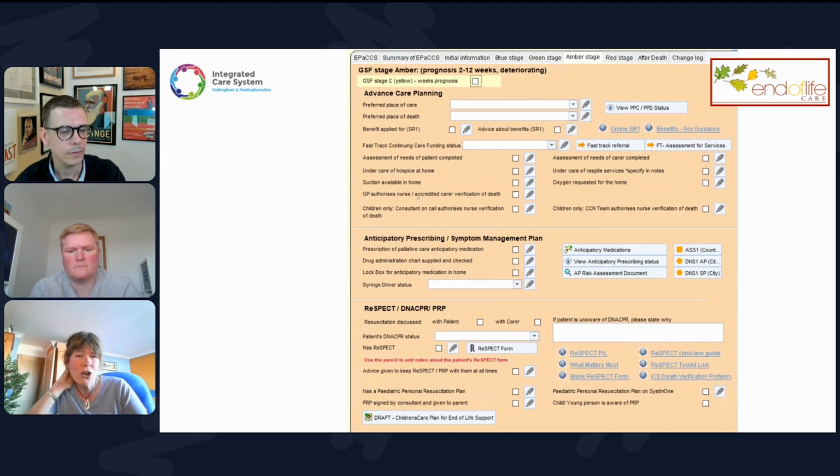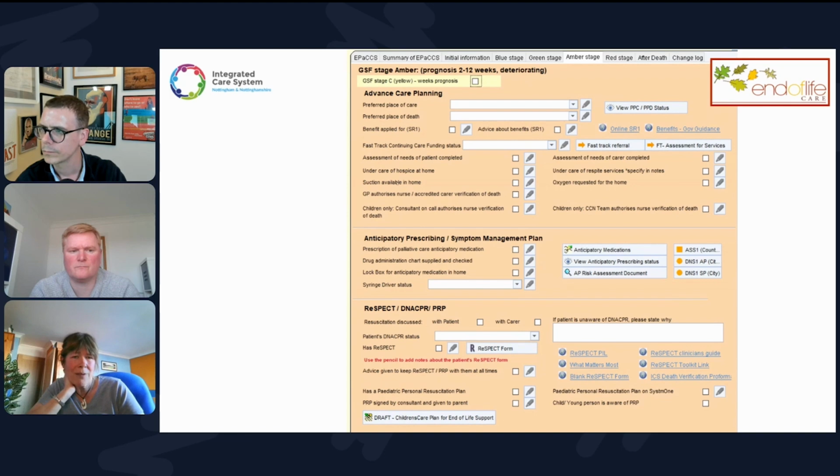So the information on here is very much relevant to someone who is actively deteriorating. The observant people who are used to EPaCCS will see that there's more on this page than there used to be. So the suction link, for instance, specific codes about hospice at home services.